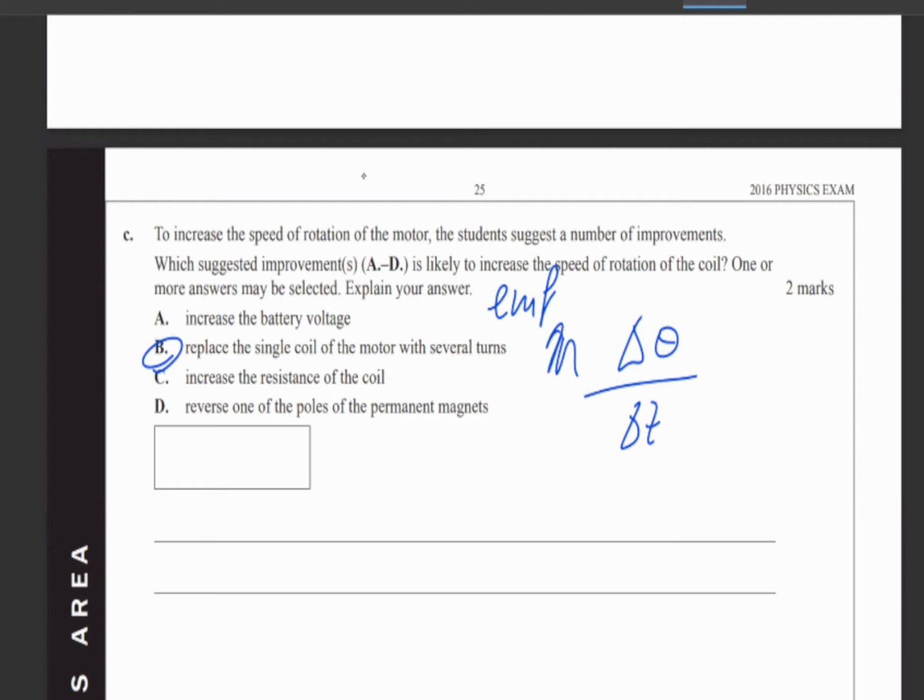And this doesn't really do anything. Reverse one of the poles of the magnets. It doesn't really change the EMF. Increase the resistance of the coil. No, that doesn't make sense. Increase the battery voltage. Yeah, because if you increase the voltage, then it increases the EMF. Then when there's more force, there's going to be a greater speed. Speeds are A and B.